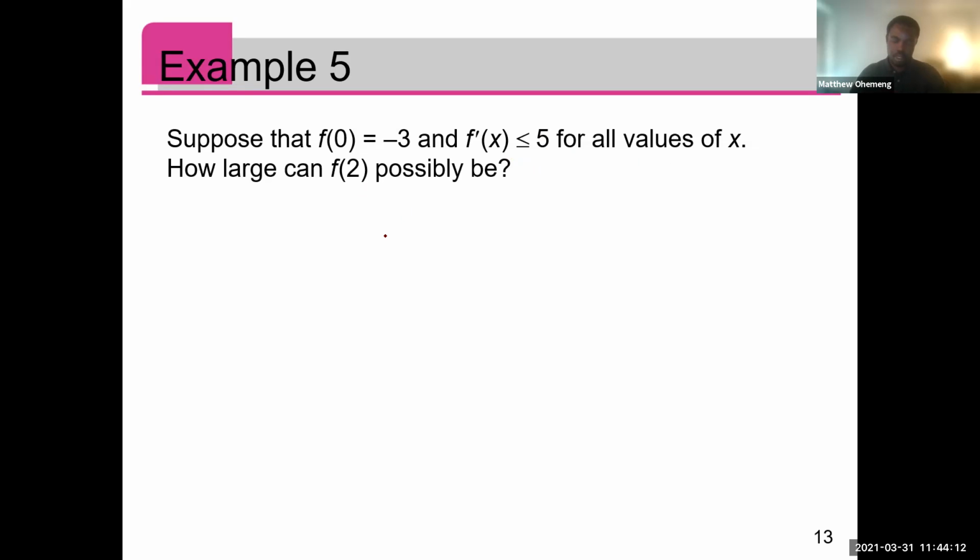Okay, so let's look at this question. I think the solution is on here. Yeah, the solution is on this. So I'll do this on a whiteboard. Okay, so let me go to the whiteboard. So this is example 5.